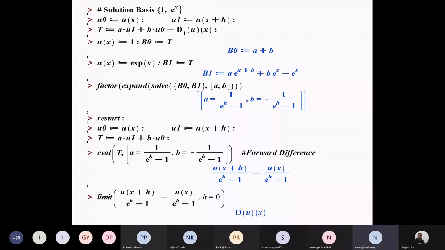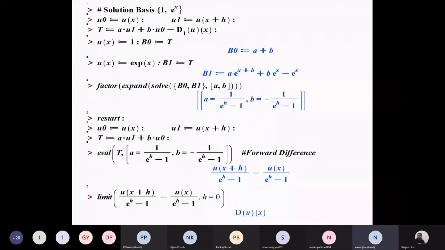Such operators are basically called non-standard operators. This non-standard scheme, such a difference scheme used on another basis, is called the non-standard scheme developed by R.E. Mickens.